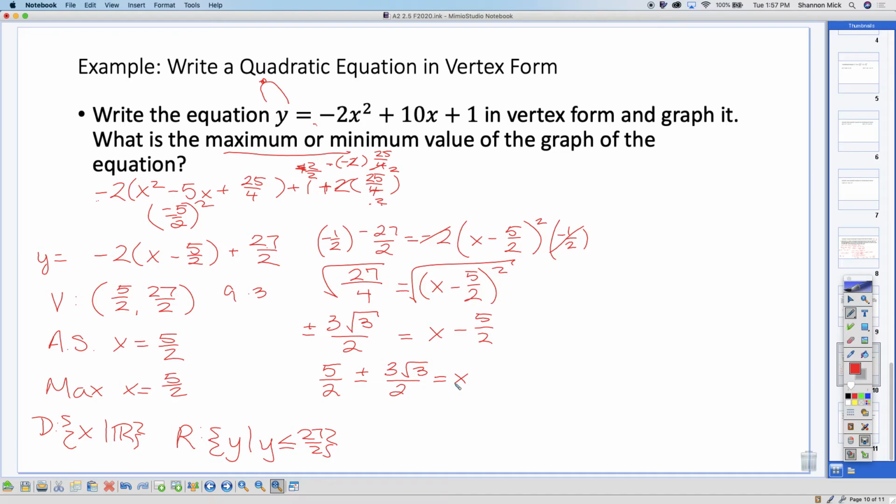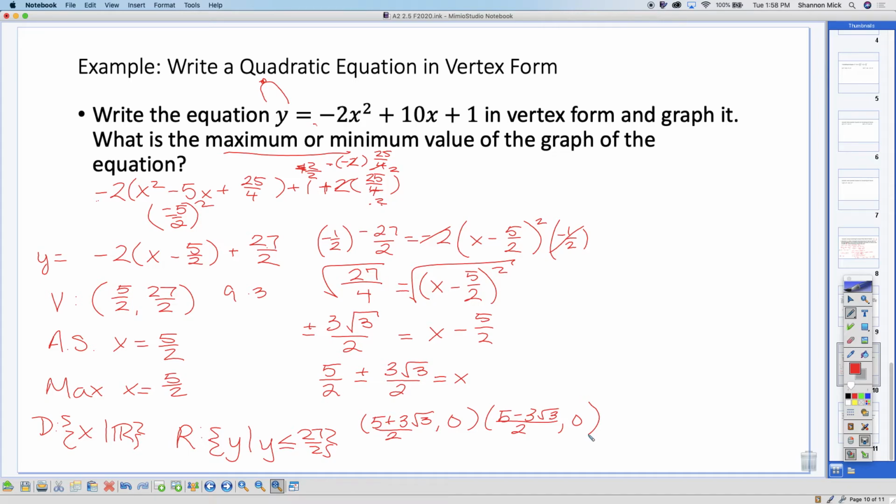So that would be 5 plus 3 square root of 3 all over 2 comma 0, and 5 minus 3 square root of 3 all over 2 comma 0. We all know what those are, but are those the x-intercepts? Yes. I'm not asking you what value that is, am I?